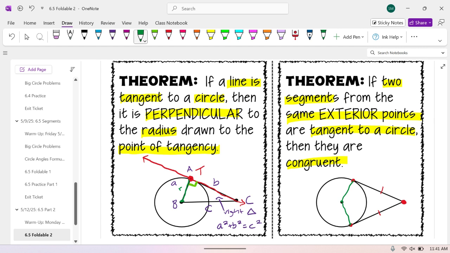So I now connected a radius to a point of tangency. So that means that this angle is what? It's a right angle. So both of those angles will form right angles.